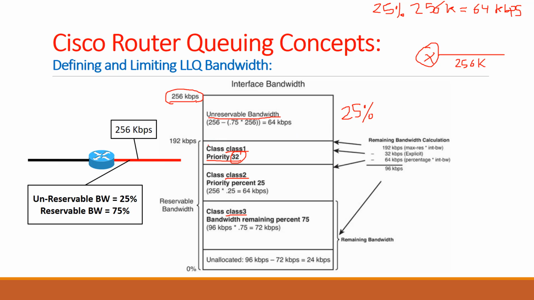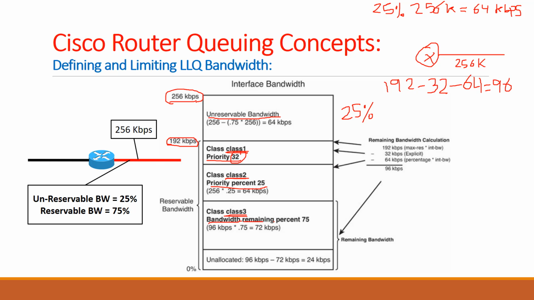The remaining is 192 kilobit per second. 192 minus 32 kilobit per second defined for this class, and for class 2 the priority percent is 25. 25% means 64, then minus 64, and the end result will be 96. So this 96 is for class 3.